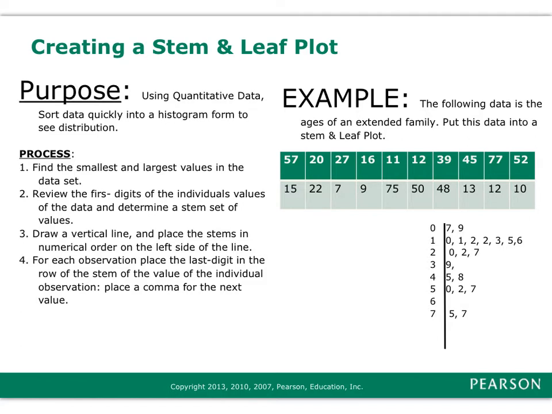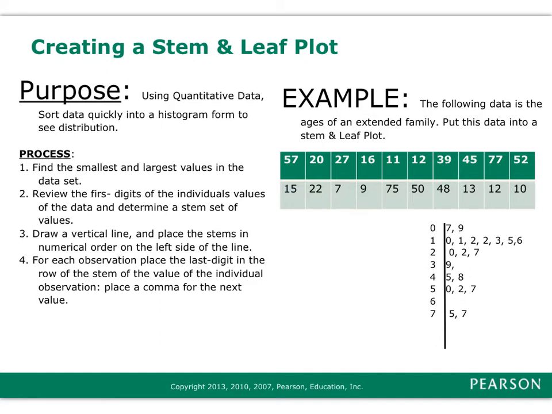The process is to find the smallest and largest values in the data set, review the first digit of the individual values of the data, and determine a stem set of values. Then draw a vertical line and place the stems in numerical order on the left side of the line. For each observation, place the last digit in the row of the stem of the value next to the observation. Place commas for the next value.